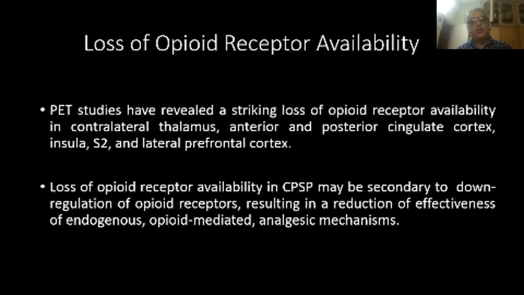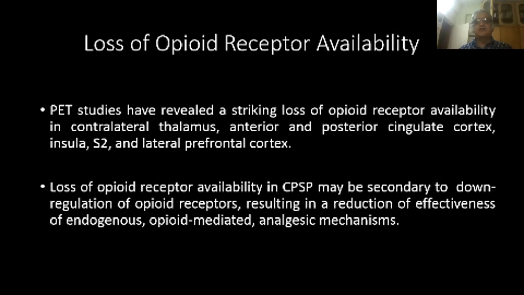Another mechanism which has been proposed is the loss of opioid receptor availability. We are all aware that there are opioid receptors which are predominantly in the periaqueductal gray matter, but they are found everywhere in the brain. In these patients it is seen that either they are damaged or there is a down regulation of these opioid receptors, and they don't respond to the normal endorphins which are produced in our body.